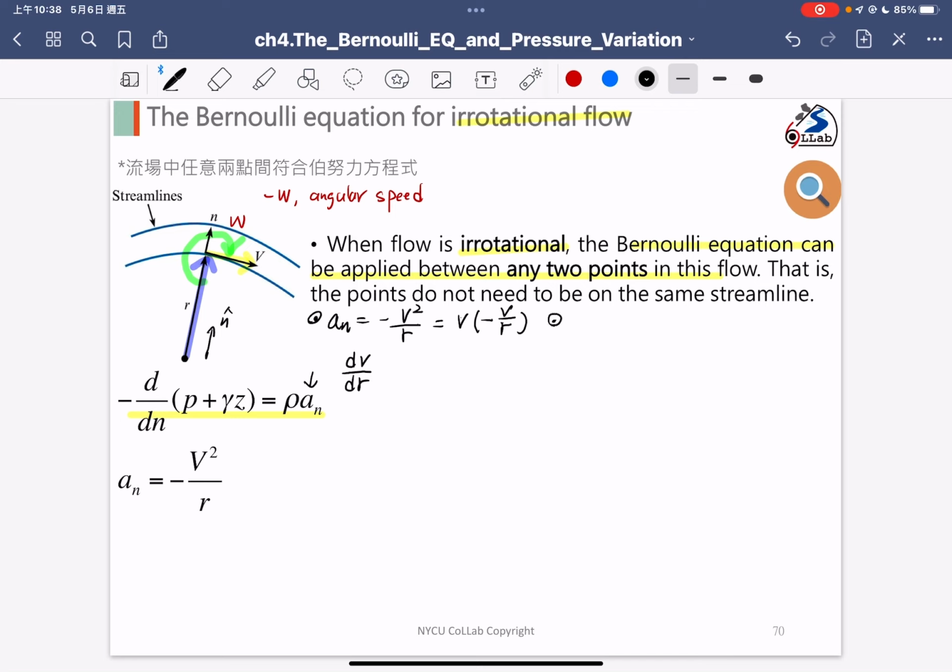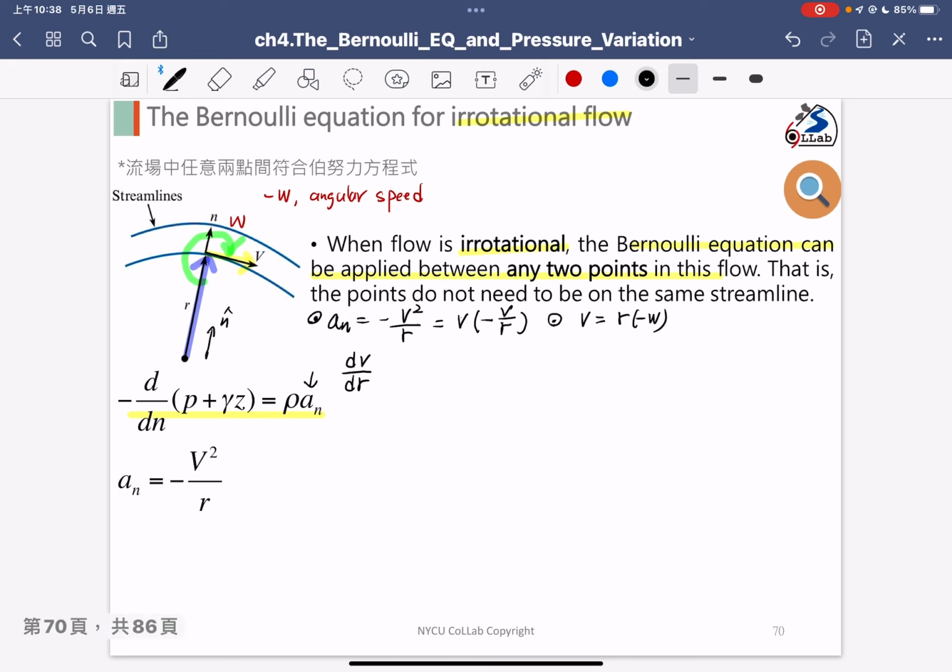We know that the velocity will equal the radius multiplied by omega, right? But right now in our case, the omega is minus omega. Omega is the rotational angular speed.